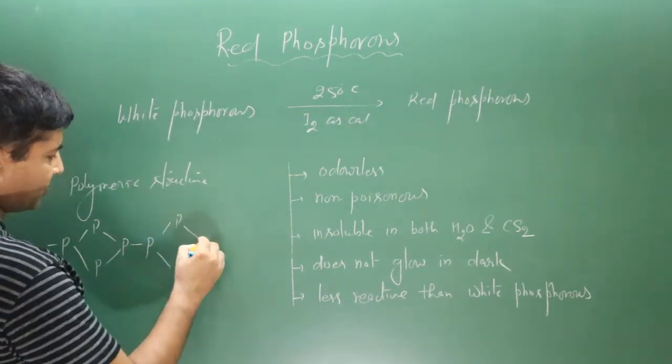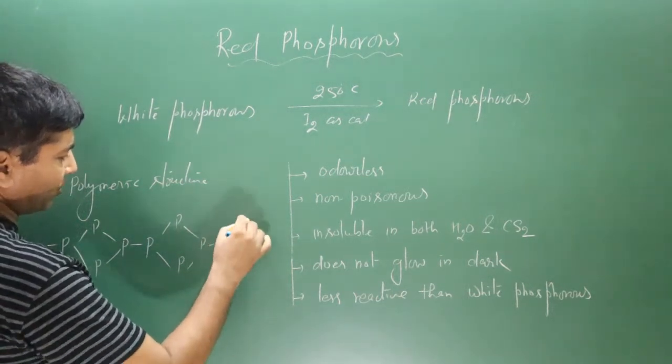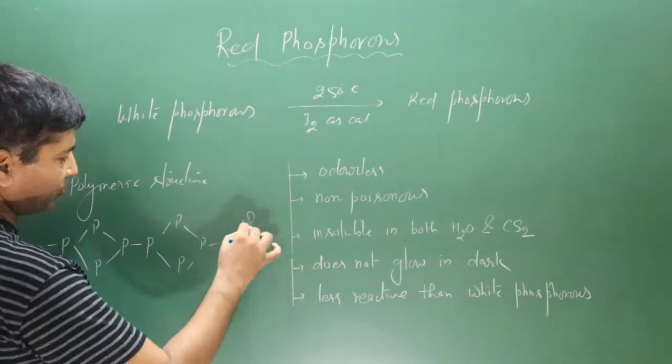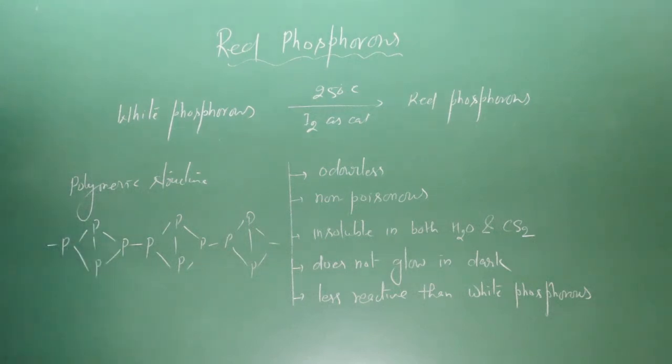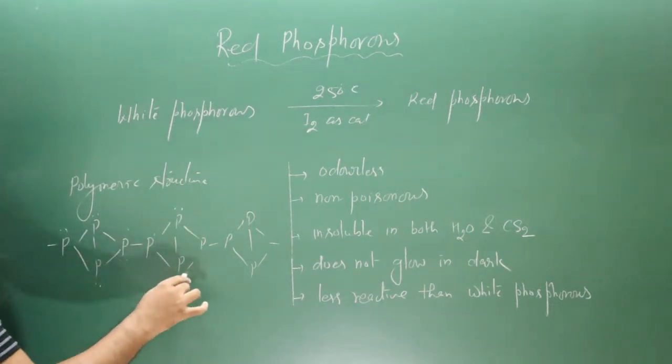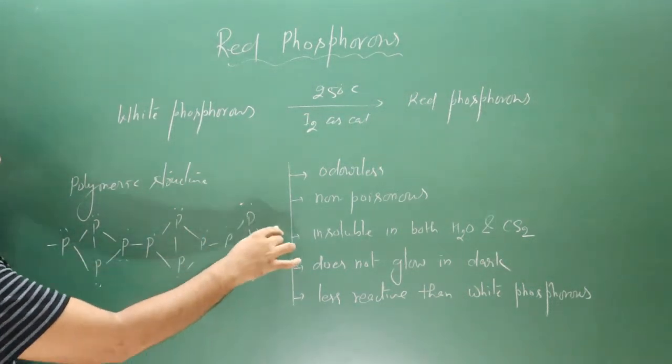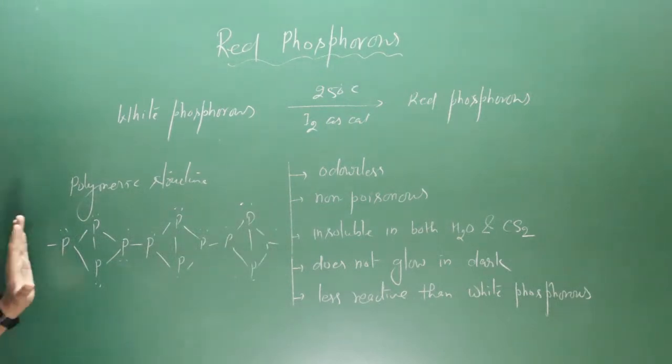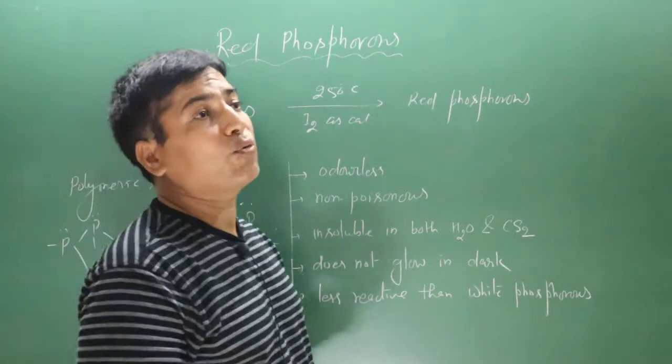Phosphorus is there, phosphorus, and so on. That is how this structure will keep on going. You can see each phosphorus is forming how many bonds? 3 bonds, and each phosphorus has one lone pair. That is how the structure is. So it's kind of a lattice. That's why it is less reactive than white phosphorus.